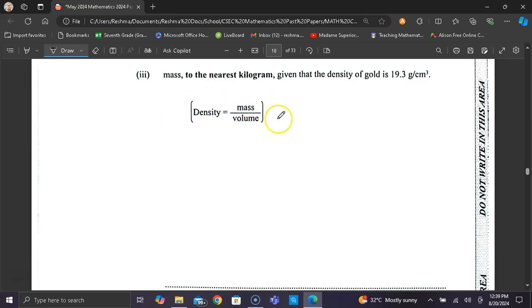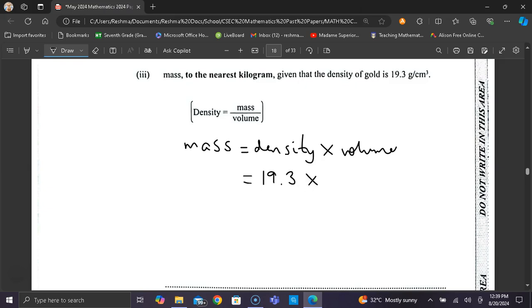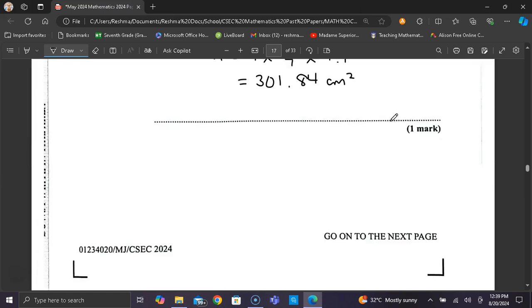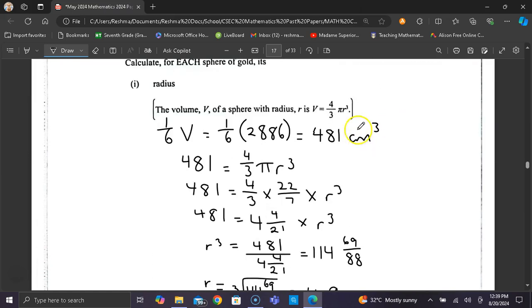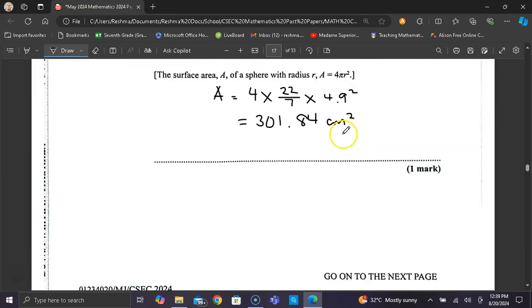So let us use this formula: density is equal to mass over volume. If we make mass the subject of that formula, mass will be equal to density multiplied by volume. So the density is 19.3. The volume of one of these spheres, remember we found it here, 481.